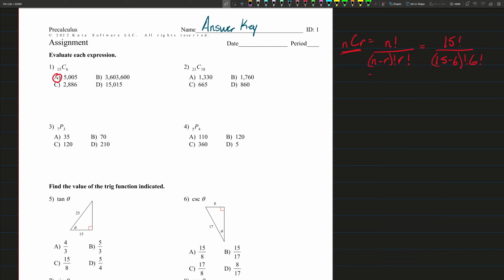Remember 15 factorial is 1 times 2 times 3 all the way up until 15. Then we have 15 minus 6, that's 9, so we have 9 factorial, and then times 6 factorial.